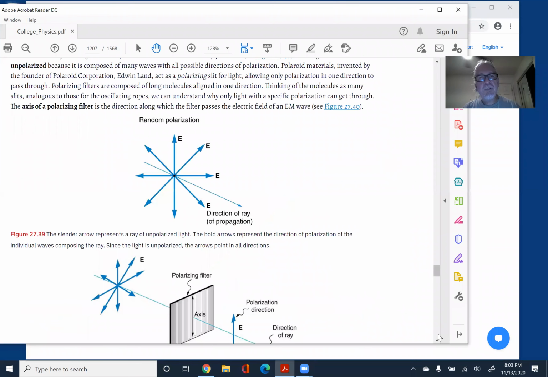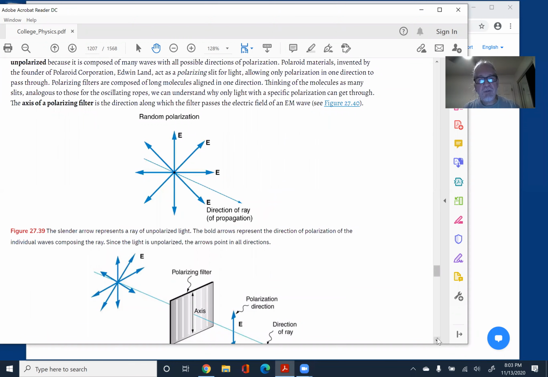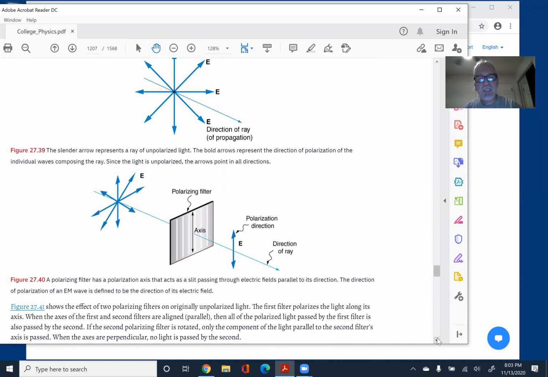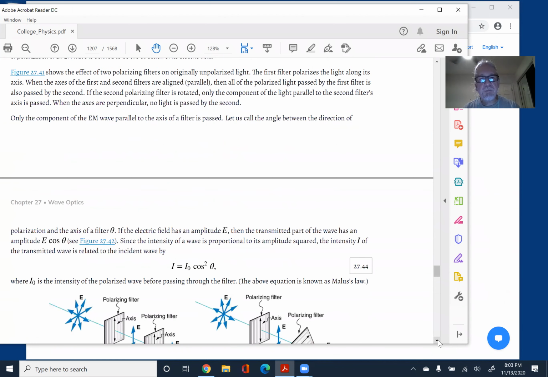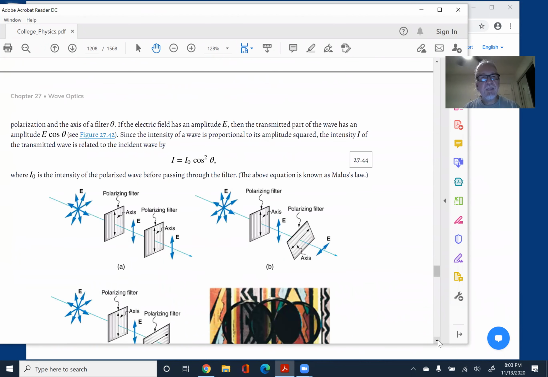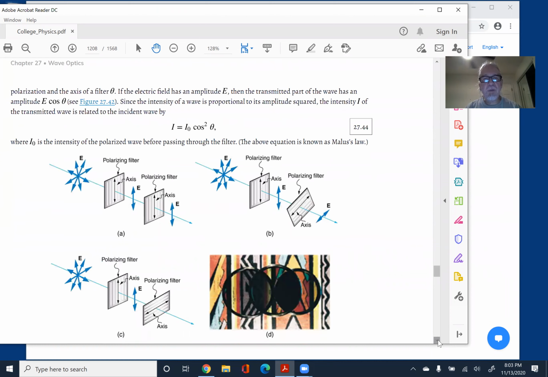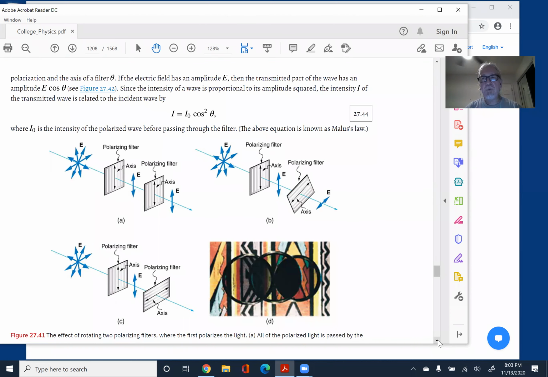So this shows everything I told you about except the polymer itself. It shows you a typical polarizing filter, and this is kind of how it works in practice. When you have unpolarized light coming into a polarizing filter, its intensity decreases by exactly 1/2.